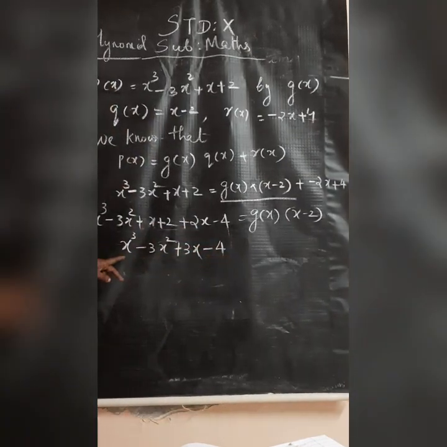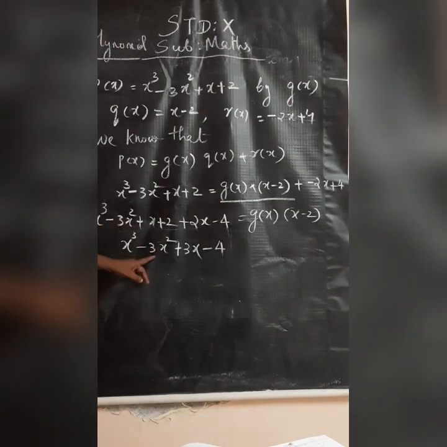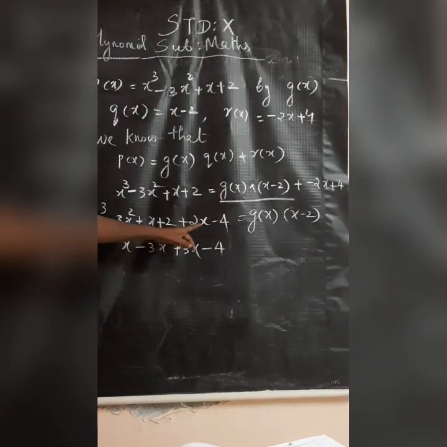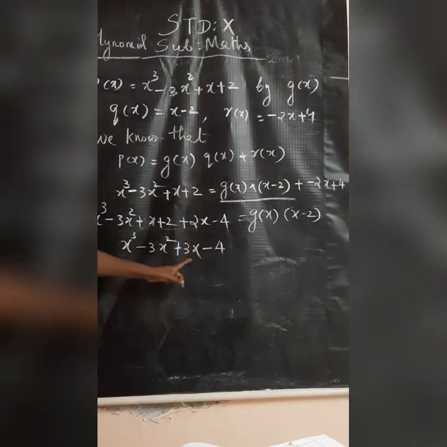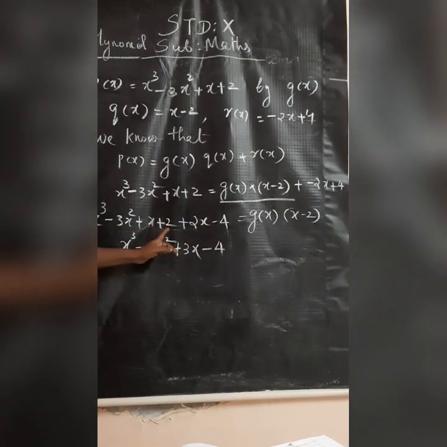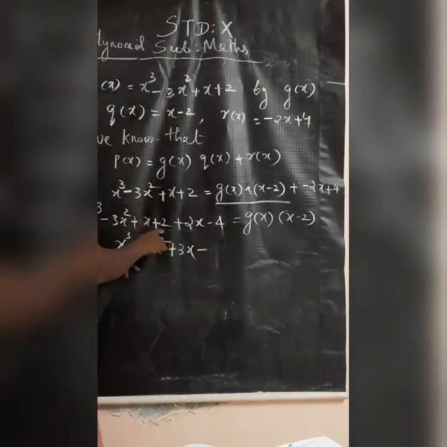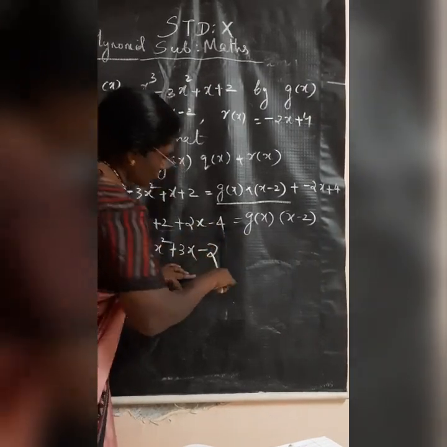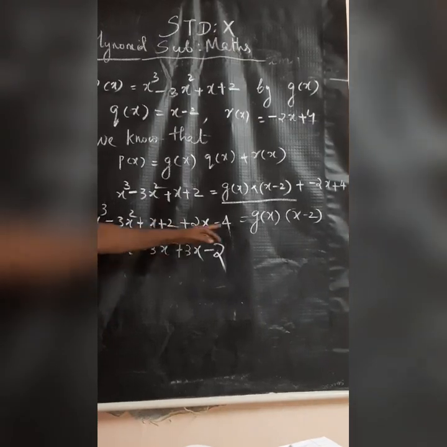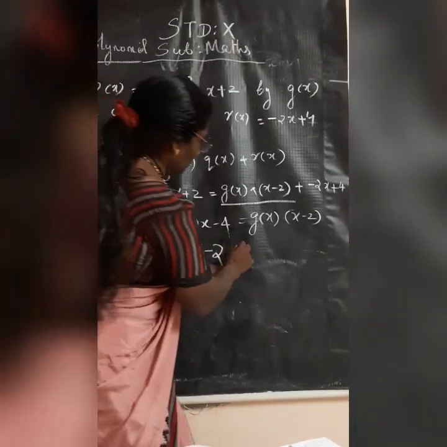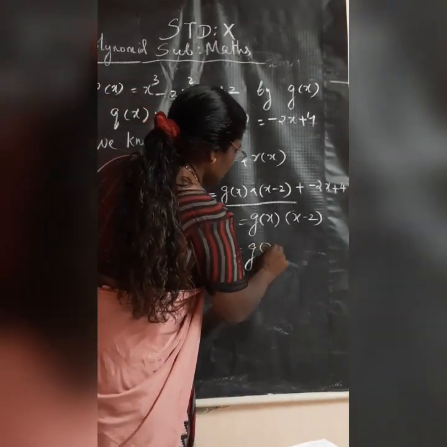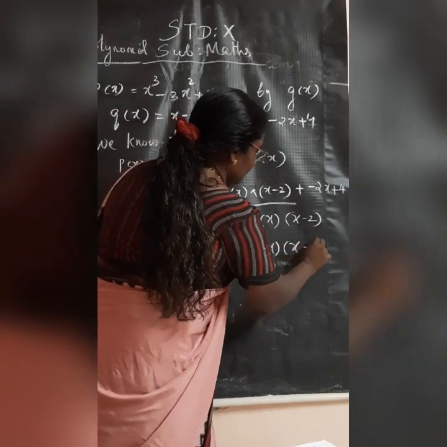Here x cube only a single term and x square only a single term, but x has two terms, add them. X plus 2x, what will come? 3x. And plus 2 minus 4, minus 2 will come. That is equal to g of x into x minus 2.